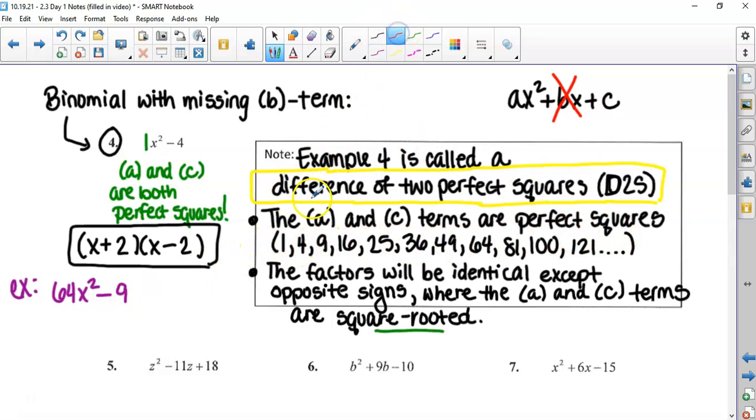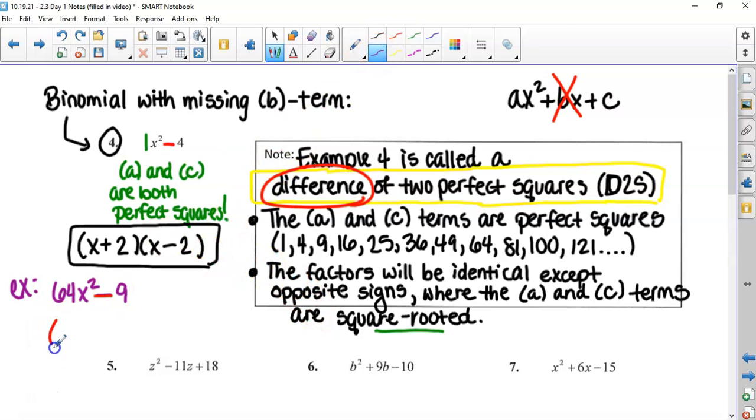Oh, and then a key piece here. We're talking difference, right? Difference means subtraction. So the key is that you're subtracting these. If this was a plus, none of this would apply. It's only when it's the difference of two perfect squares. Okay, so now that we've established that this is the difference, the factors will be identical except opposite signs where A and C terms are square rooted.